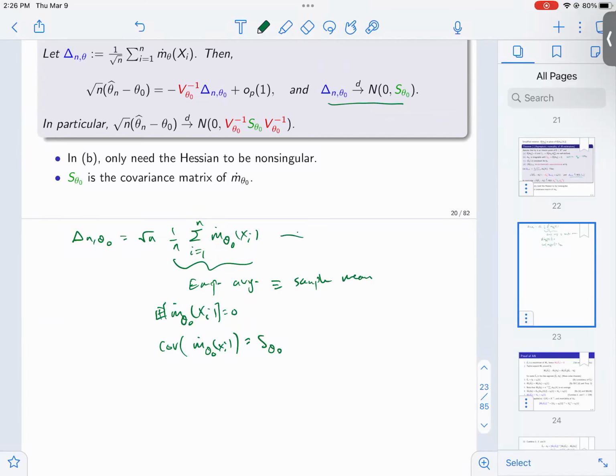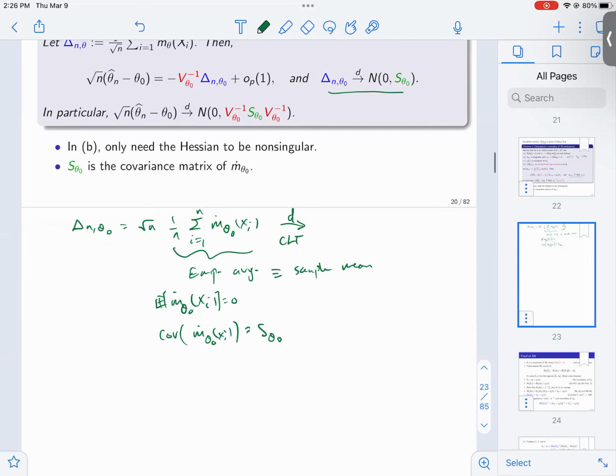So by the CLT, root n times the sample average should converge in distribution to a normal with mean 0 and this covariance, okay? So that's the advantage of writing that deviation in terms of a scaled average, because then we can use the CLT.